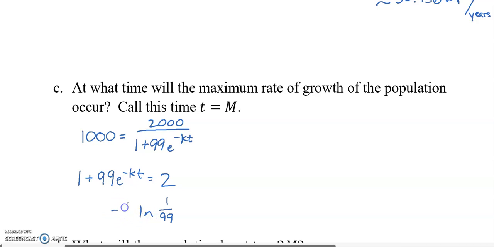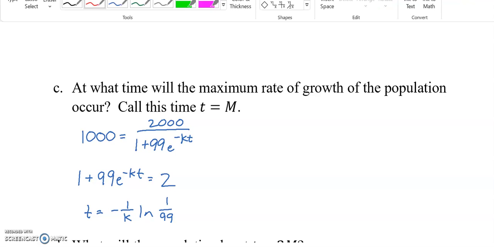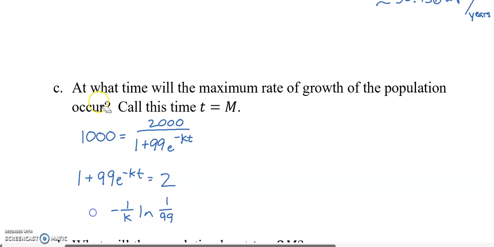And then divide by negative k. And that will give us a t value that we're going to call m, actually. So t equals m equals negative 1 over k times the natural log of 1 over 99.